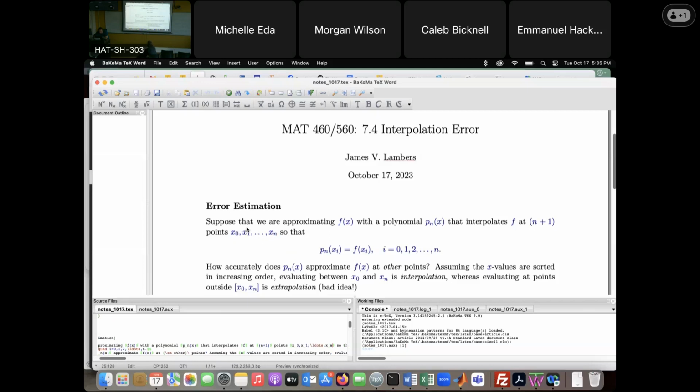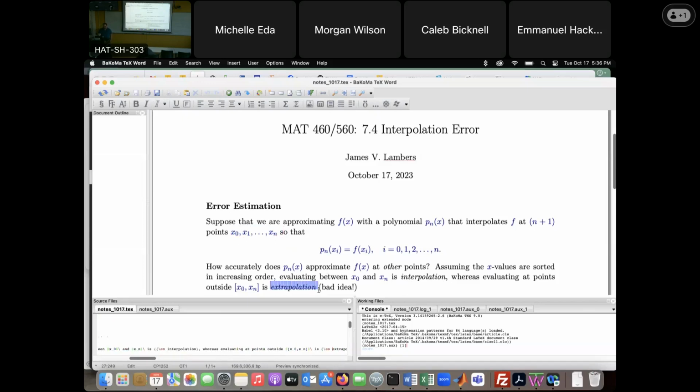So if I choose an x that's in between these points, that's really what interpolation is. I mean, inter meaning between. But if I choose an x that is outside of an interval containing these points, like if I choose x to be less than x naught or greater than xn, that's not interpolation, that's extrapolation.